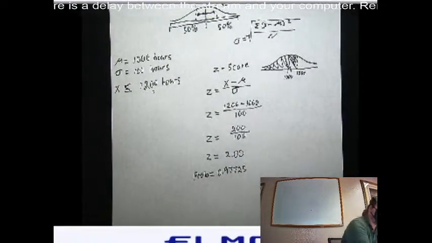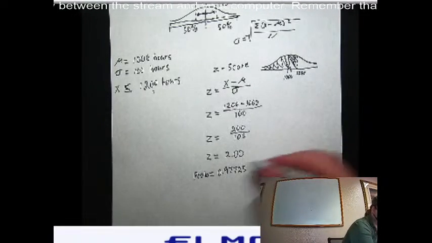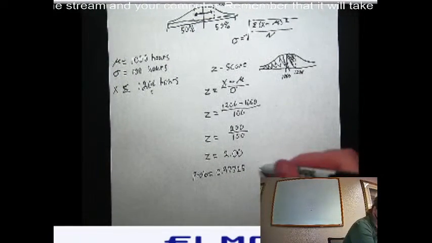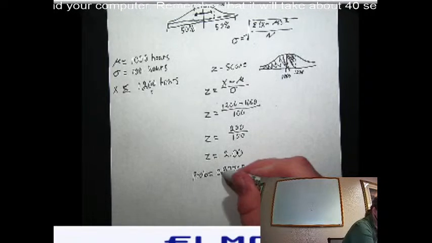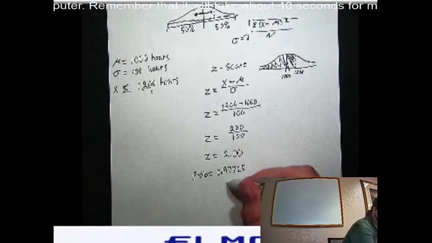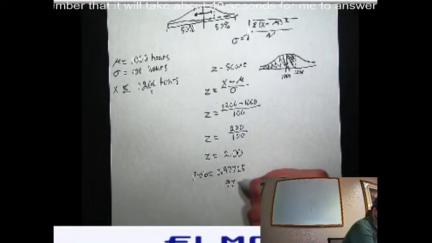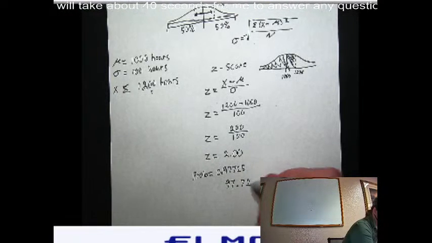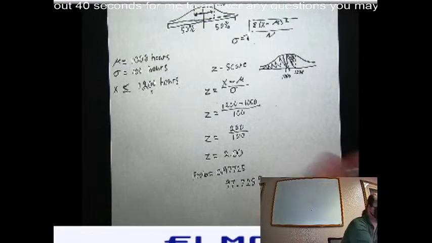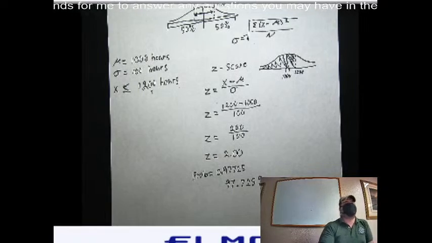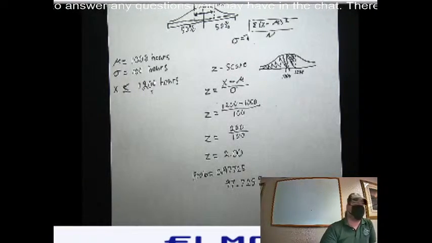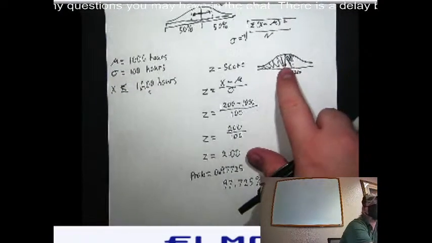And of course, to make it a little bit easier to understand, we can make this into a percentage instead by moving this decimal twice to the right. And so we have a 97.725% chance of selecting one within that area. So within this area here.